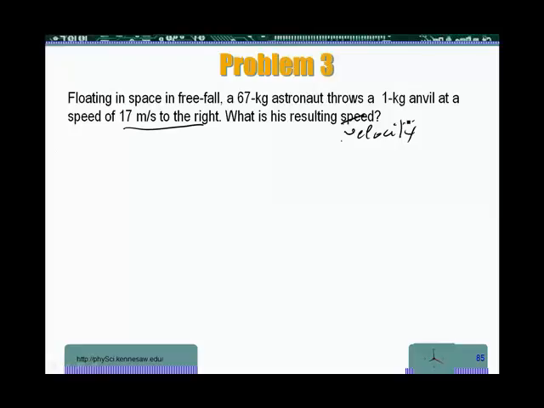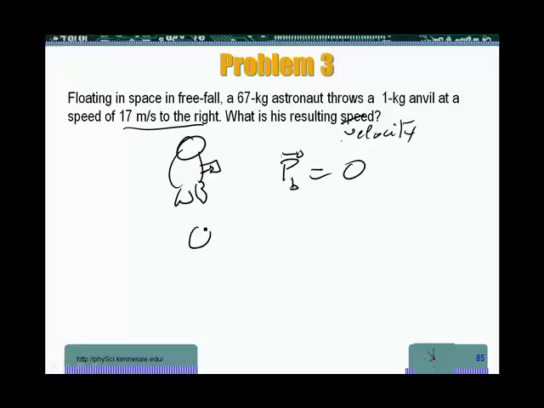Now this is another type of explosion, not really an explosion, but a breakup of two masses that were together. So what we had is the astronaut with the anvil at rest, at least in their frame of reference. So their momentum before he threw the anvil is 0.